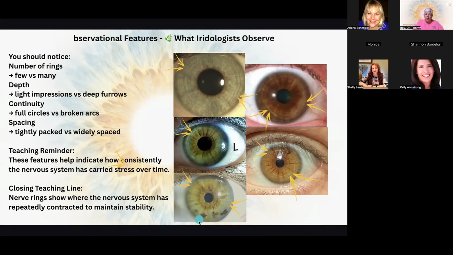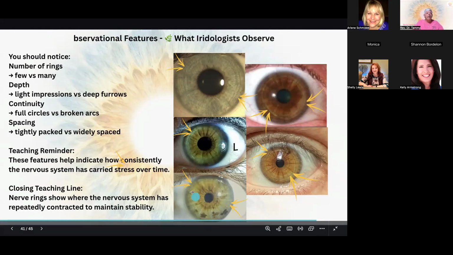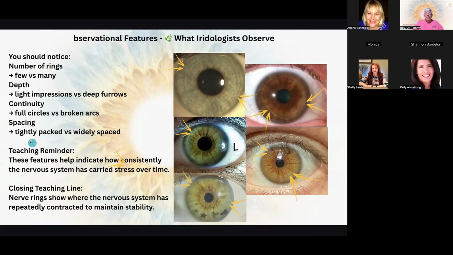Pretty deep rings here, but these two, not so bad. Full circles versus broken arcs, spacing tightly packed or widely spaced. These features are going to help indicate how consistently the nervous system has carried stress over time. So these nerve rings show where the nervous system has repeatedly contracted to maintain stability.